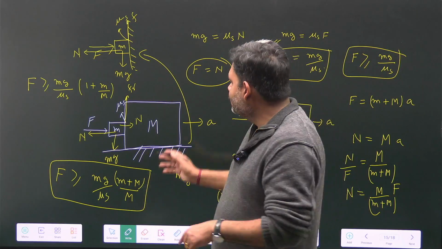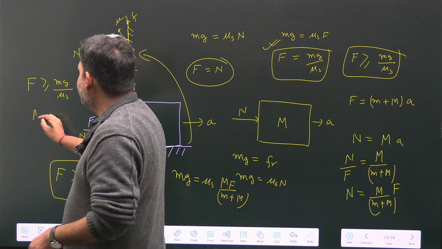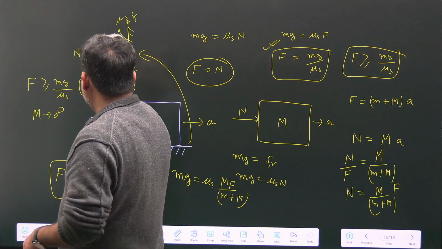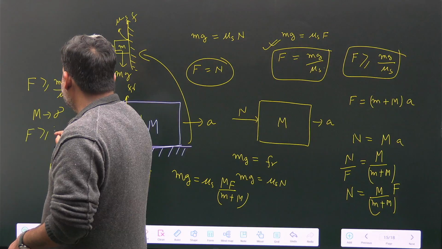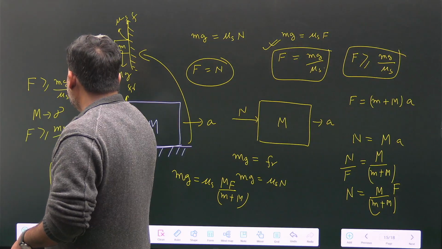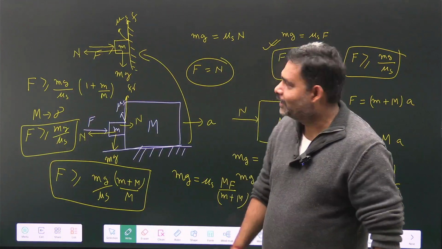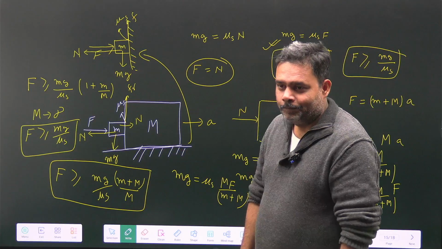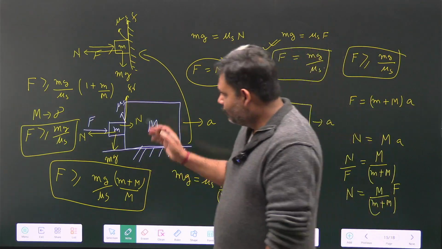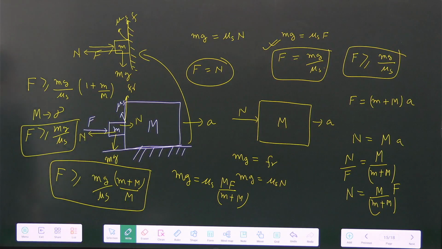So if I assume this mass is infinite, capital M tends to infinity, this term will be 0 and you have F greater than mg upon mu s. Exactly the same answer you have from here. So if you assume this, you can get this sort of information.